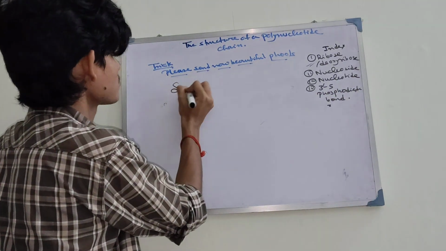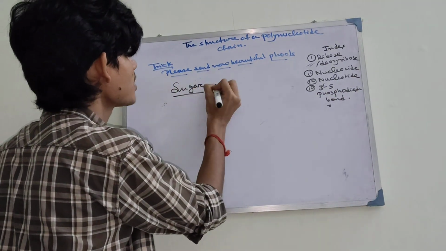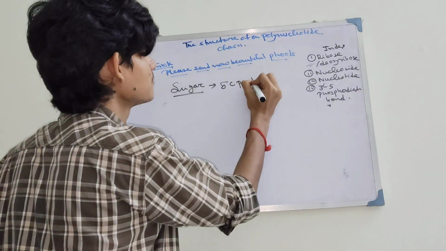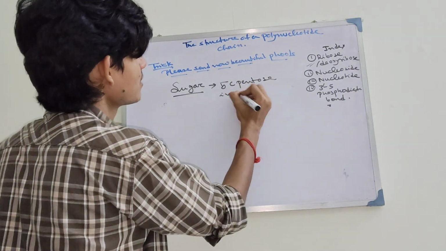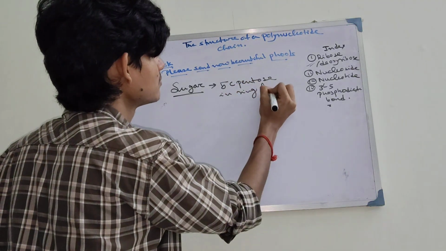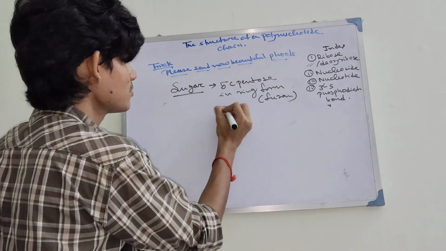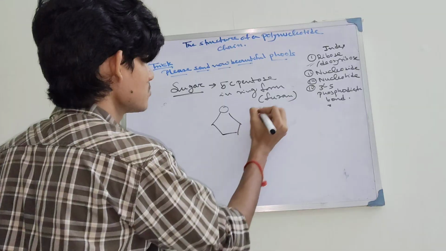So now sugars. What type of sugars are present? 5-carbon pentose sugar in ring form. What is the ring? Furan ring. Okay, so how does it look? It looks like this.